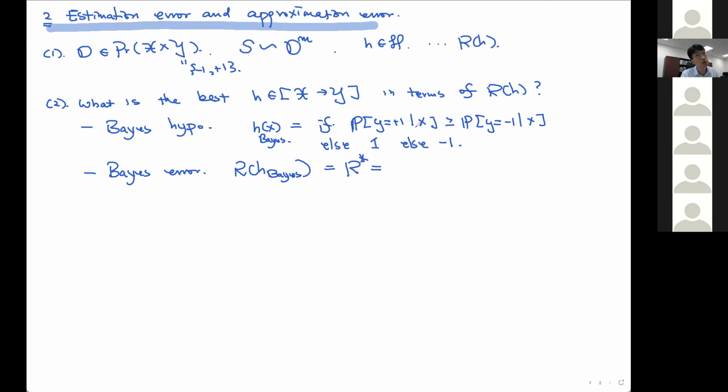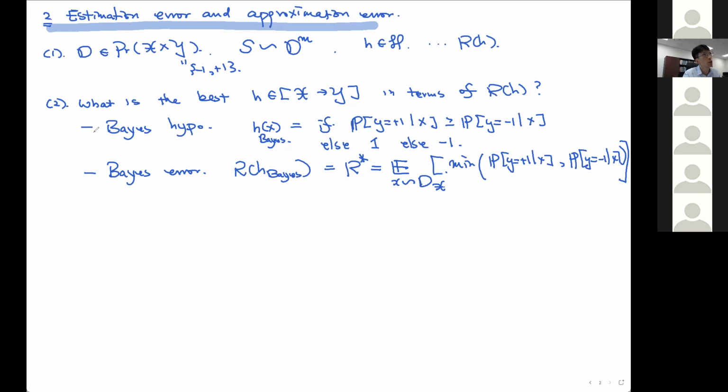If you do some computation, it is exactly an expectation over x, where x is a sample from the marginal distribution on X, of the minimum of the conditional probability that y is 1 given x, and the conditional probability that y is -1 given x. So we take the minimum, and it turns out that's the minimum error that we can achieve.